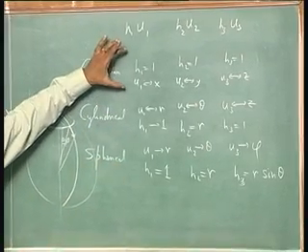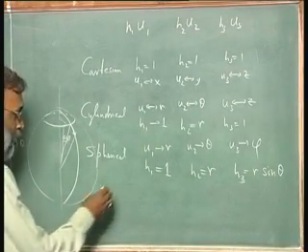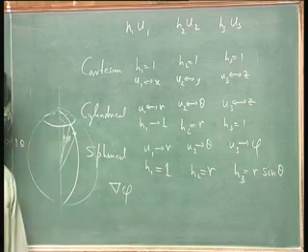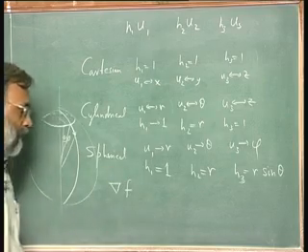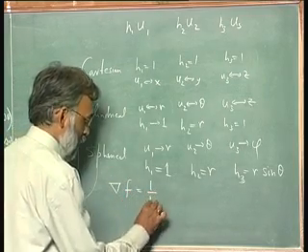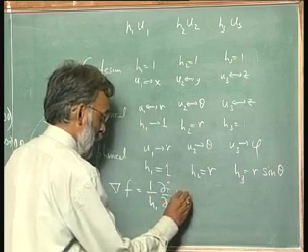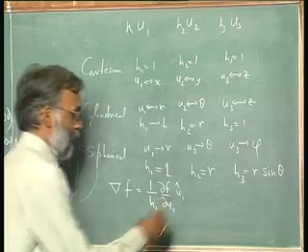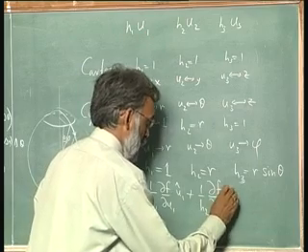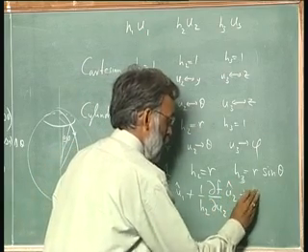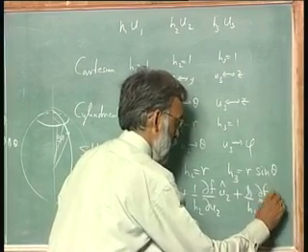Now, in terms of this notation, we have already written out what gradient was. Gradient of any scalar field f is equal to 1 over h1 del f del u1 along the direction u1 plus 1 over h2 del f del u2 along u2 plus 1 over h3 del f del u3 along u3.